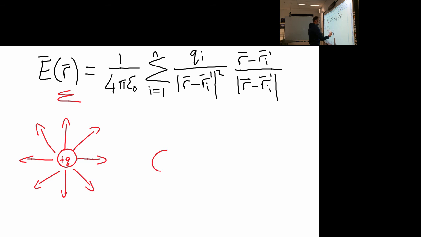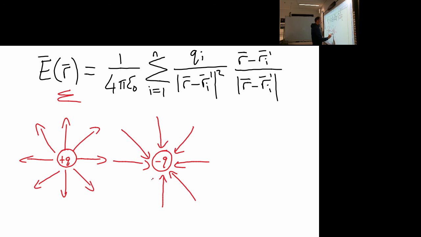We have some negative Q. The field lines are going to be pointing into it. And here we can see that we also have a dipole configuration. So the electric field lines are now pointing from a positive Q to the negative Q.